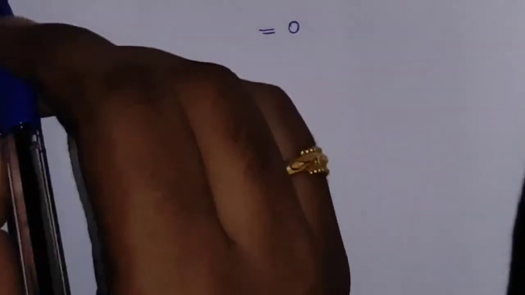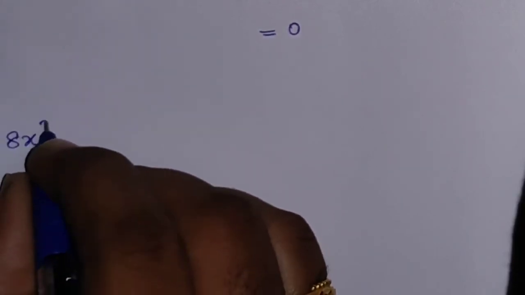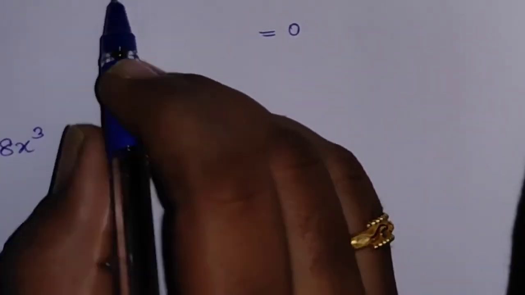Now find the cube of these numbers. 2x the whole cube is nothing but 2 into 2 into 2, which is 8x cube. 3 cube is 27.